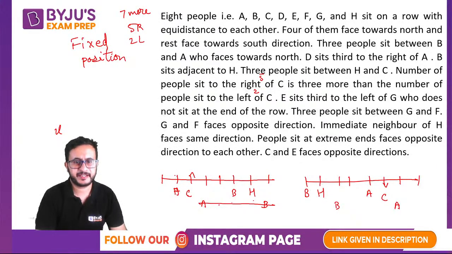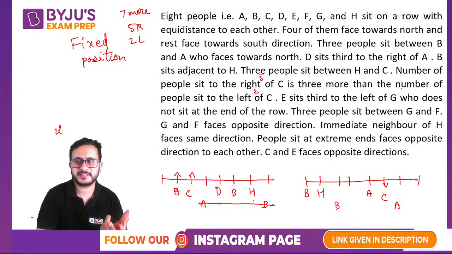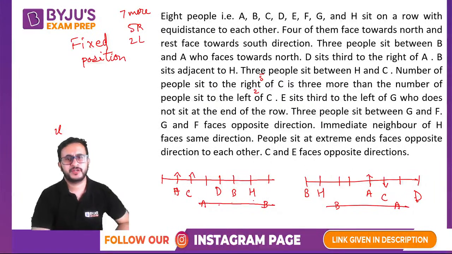If we take A here, that is north, 1, 2, 3, this will be D. If we take A this side, it is not possible to place D. So these are the two cases that we will get based on this, right?